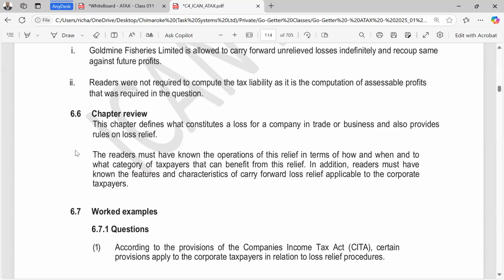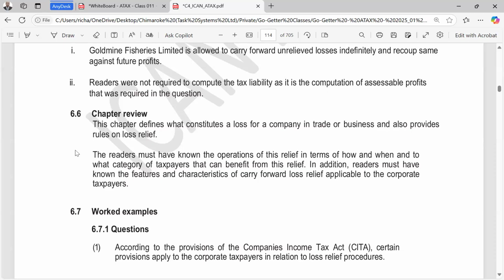We said for current year loss, individuals will benefit from it. Current year loss, that is the category, and when they will claim it within 12 months after the end of the year in which that loss has occurred.